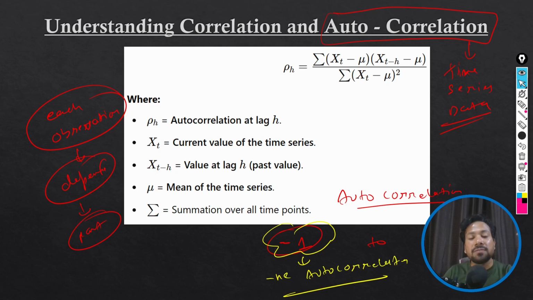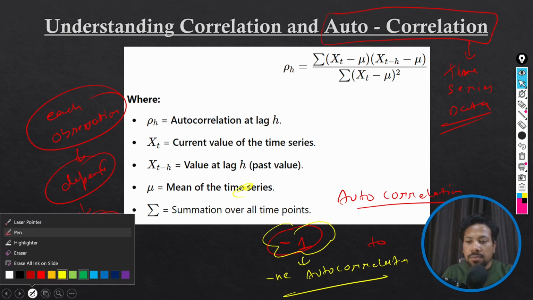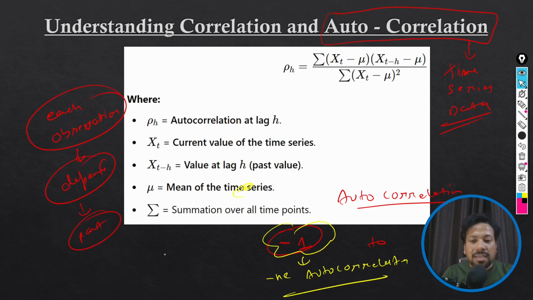If the past values were increasing, then today's value will decrease. Closer to 1, both will go in the upward direction or in the downward direction. Closer to -1, if one value increases, the other value will decrease. And if the autocorrelation comes a bit nearer to 0, then again we do not have enough evidence to support our claim.